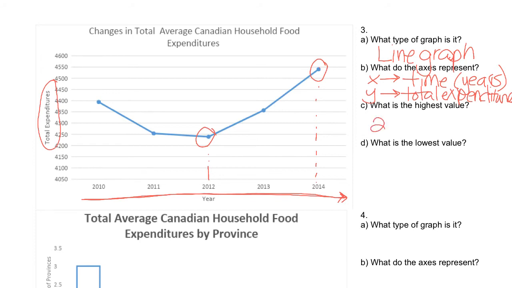So 2014 is the highest, and it's just below 4,550. And our lowest value is in 2012, and it looks like it's just below 4,250.